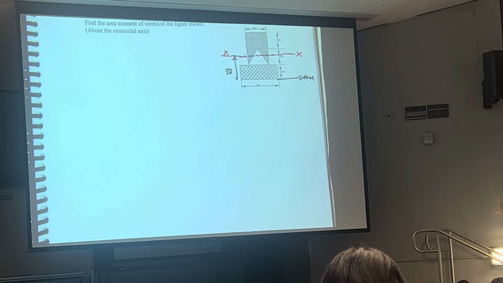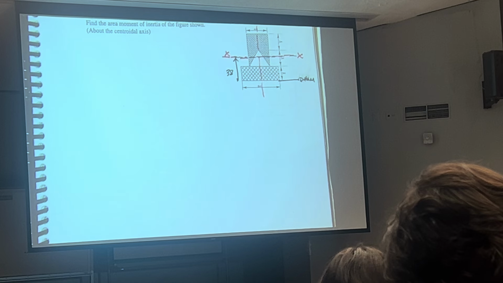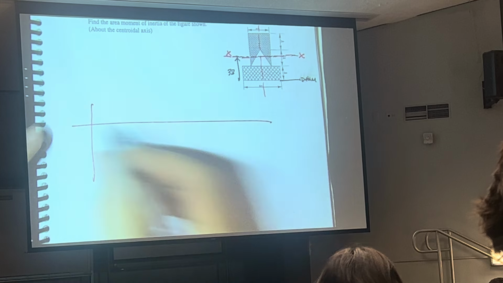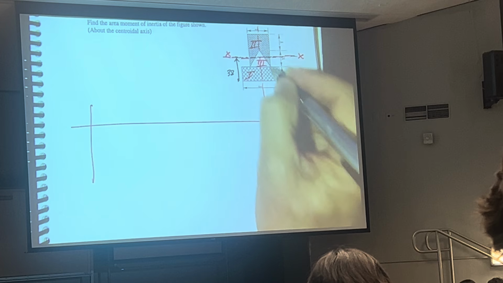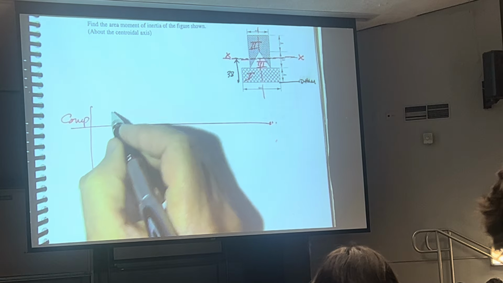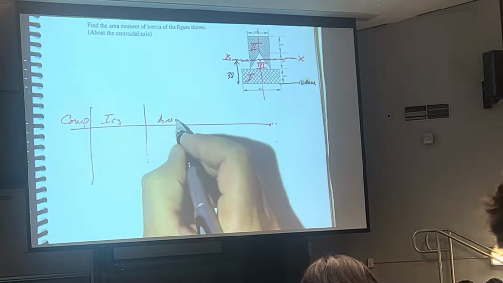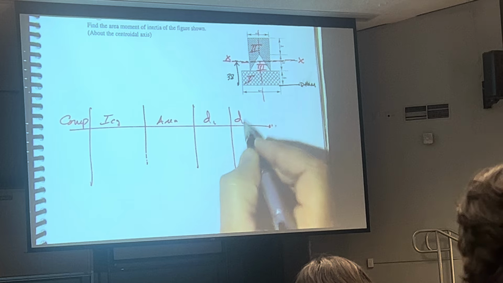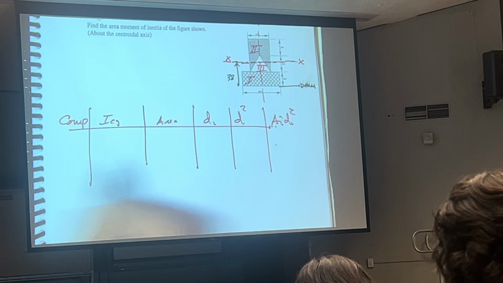Okay. We know there's an axis of symmetry. Here we go. We broke this up into 1, 2, and 3. 3 is a cutout. So: component, I_CG, area, d, d squared, A times d squared.